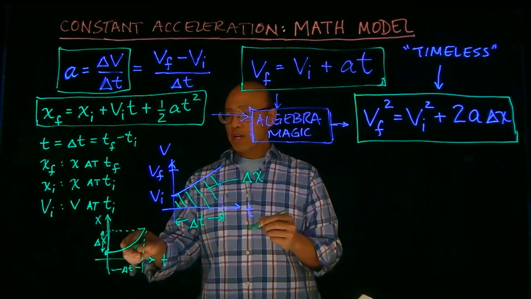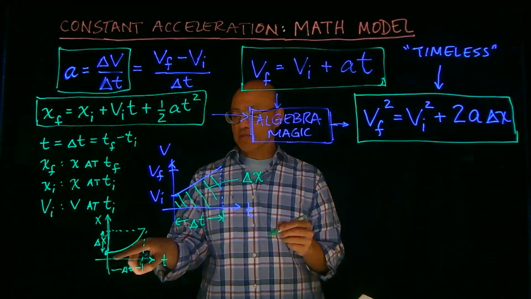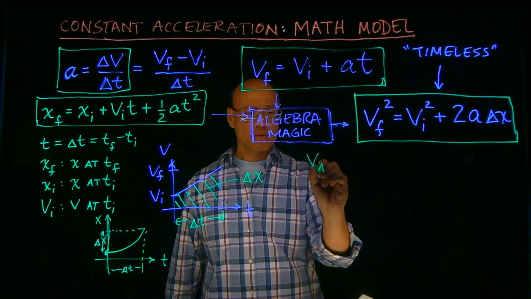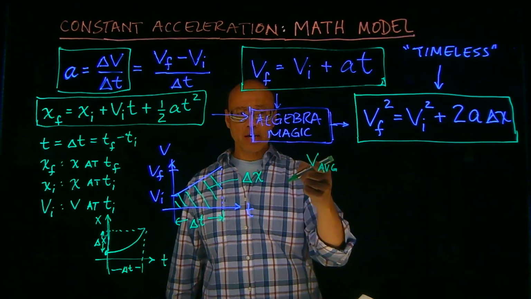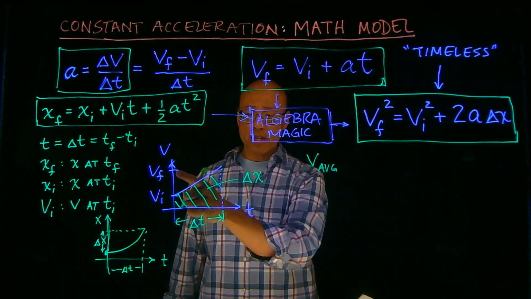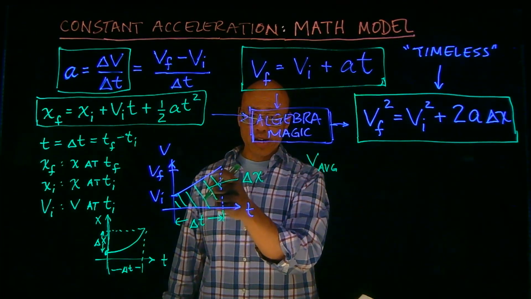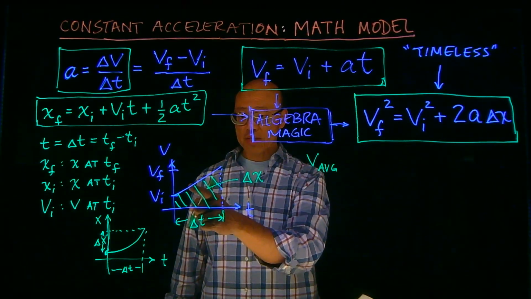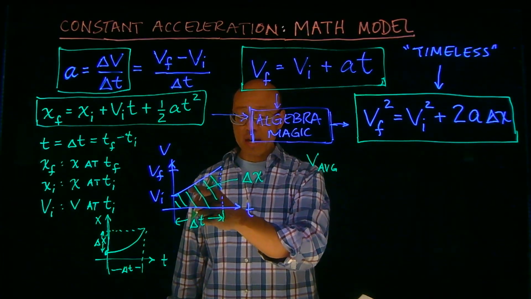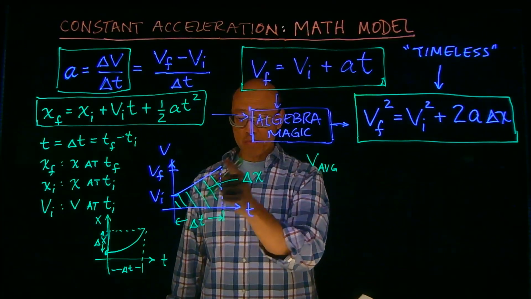Well, if I have any kind of delta x information and delta t, I still have an average velocity. This doesn't go away. I could talk about an initial velocity, final velocity. Those are instantaneous. Any velocity along this line is an instantaneous velocity at whatever time I'm looking at, because it's that value at that instant. That's what the blue line tells me.